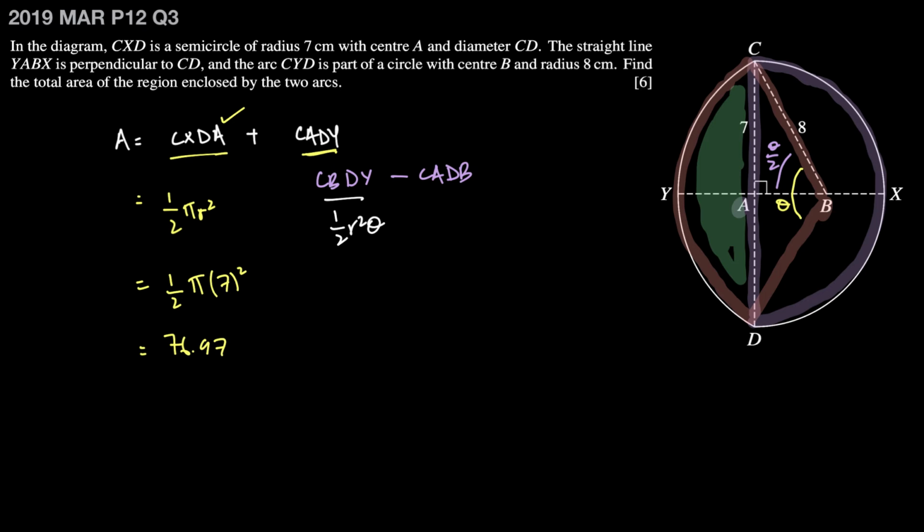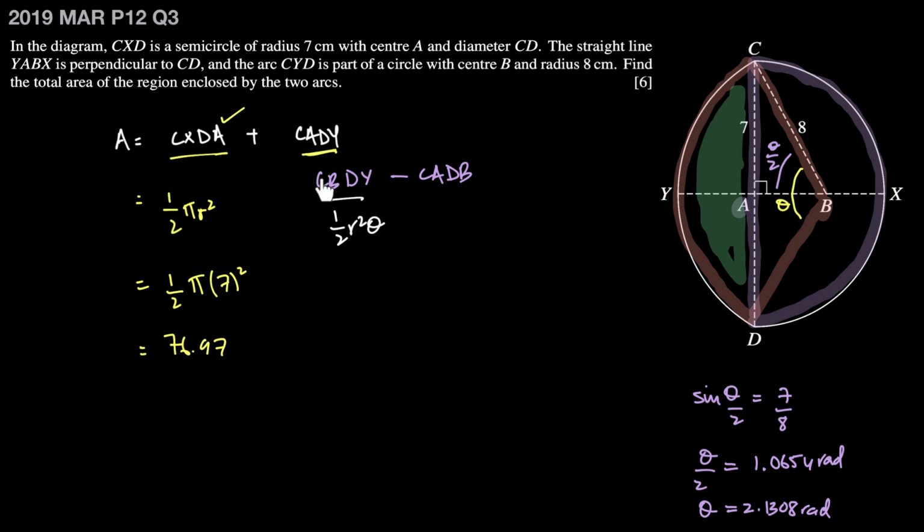So theta over 2 is the arcsine, or sine inverse, of 7 over 8. That's 1.0654 radians. So theta over here comes out to 2.1308 radians. So now we have this angle theta.